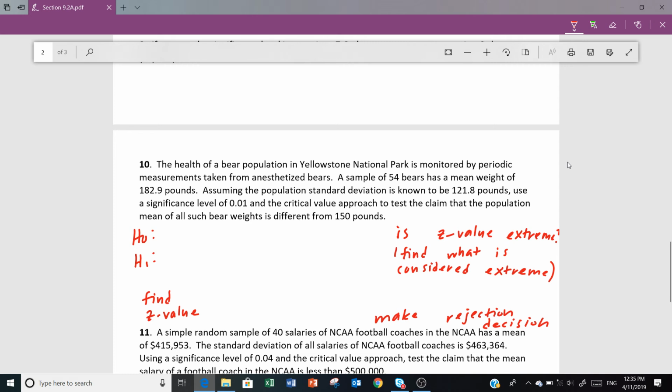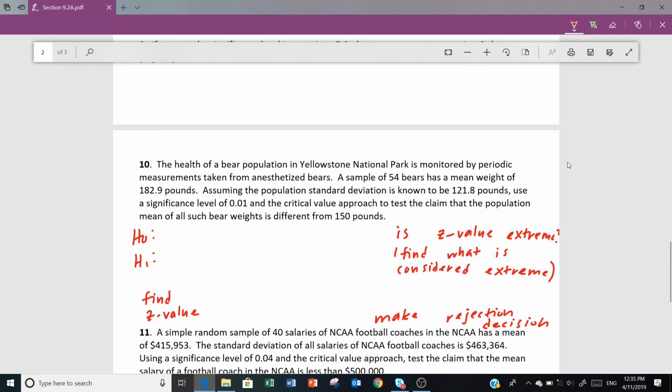It's two-tailed because it doesn't say greater than or less than, it just says different from, so it's going to be two-tailed. That's find the extreme. Find the actual Z value. Here's the formula: X bar minus the mean.